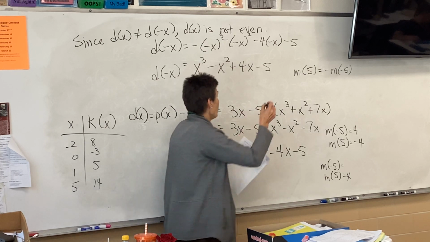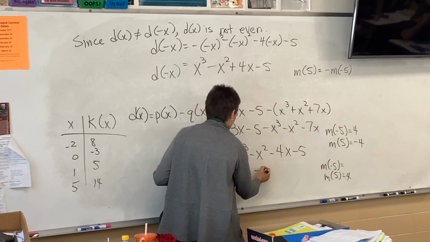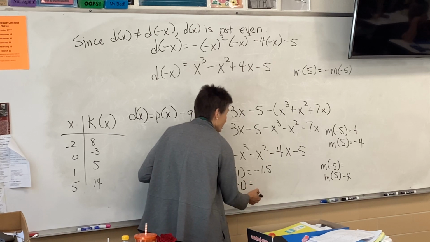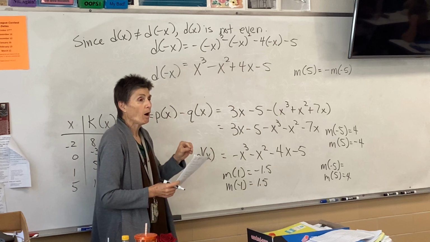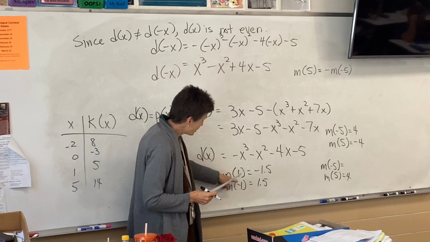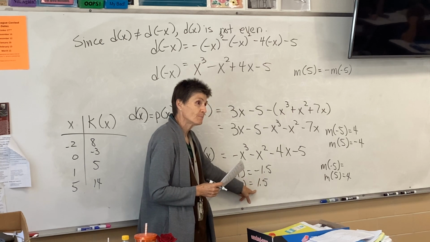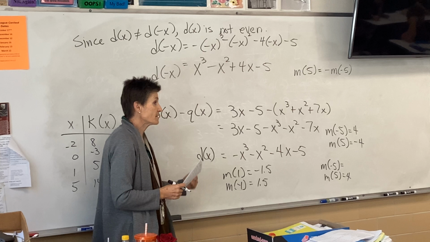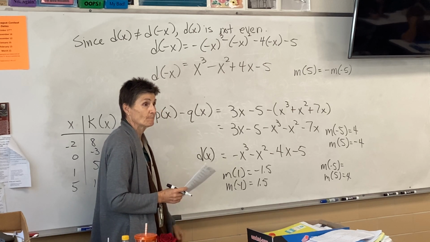So m of 1 is negative 1.5. So what's m of negative 1 going to be? Positive 1.5. If you are odd, changing the sign on input changes the sign on output. If you are even, changing the sign on input has no impact on the output. The output stays the same.